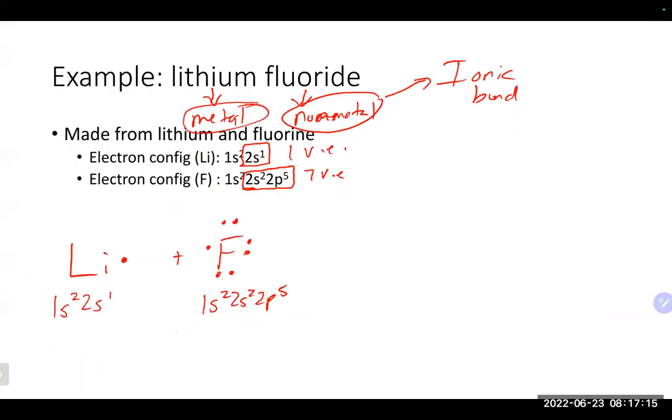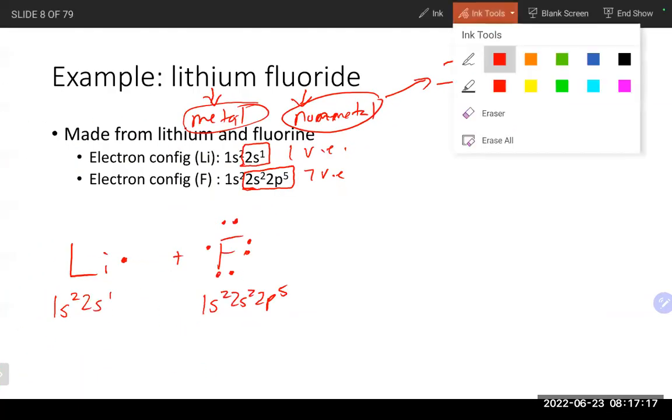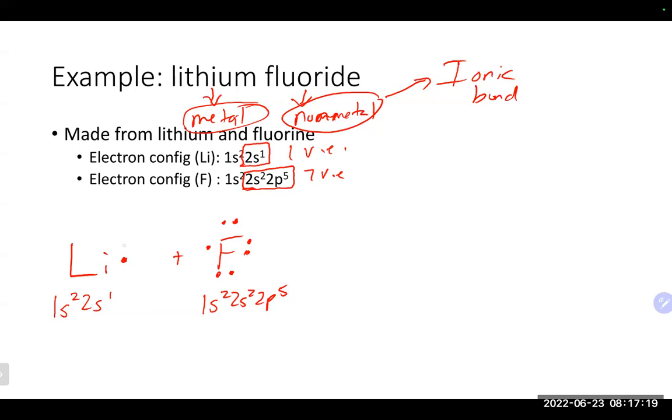Because this again is a metal, non-metal situation, what's going to happen is our lithium is going to decide, because of its periodic trends, I don't want to hang on to that electron. It will transfer it over to the fluorine. The fluorine will definitely accept it because it has all those properties of, I would like electrons, so no problem, bring them on over.